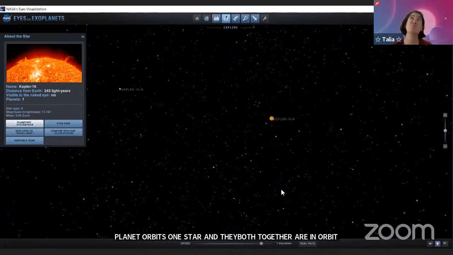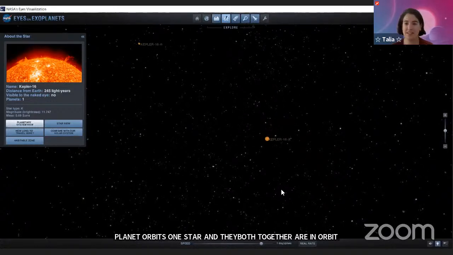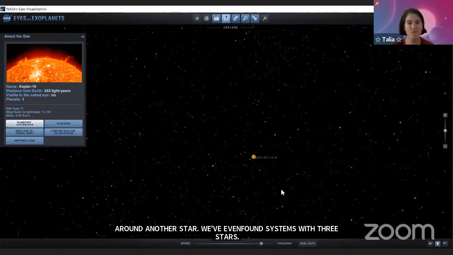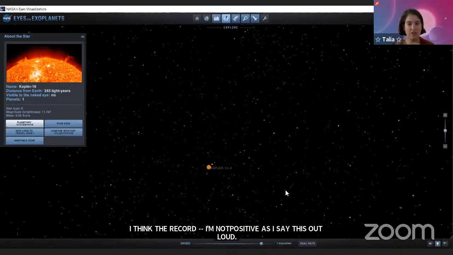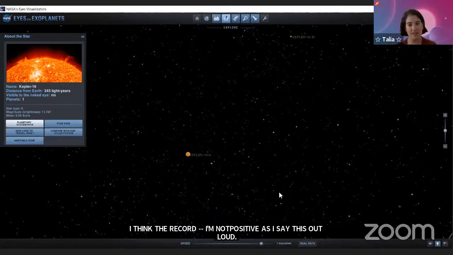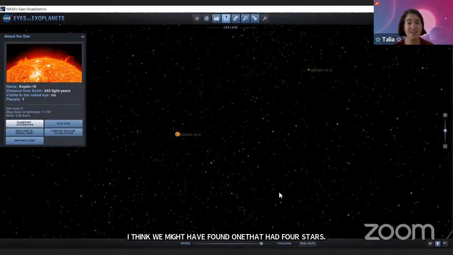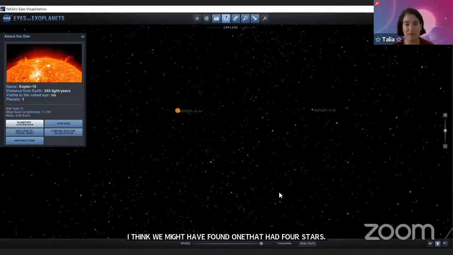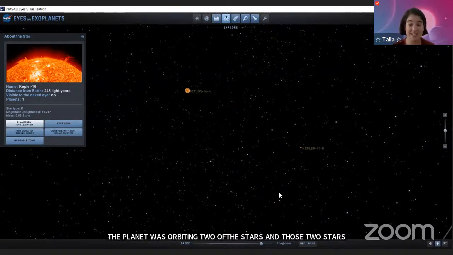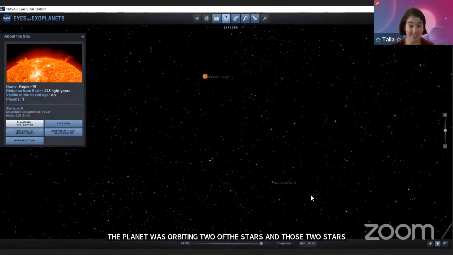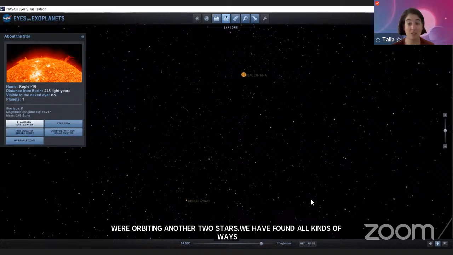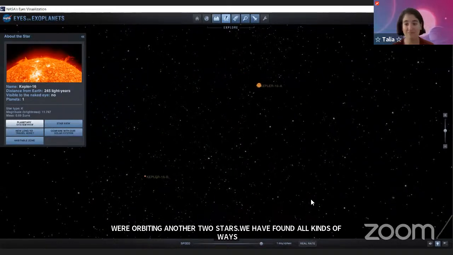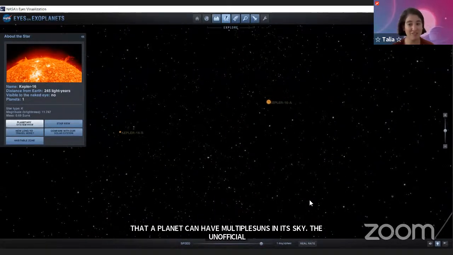I think the record, I'm not positive as I say this out loud, might have been one that had 4 stars. The planet was orbiting 2 of the stars, and then those 2 stars were orbiting another 2 stars. So we've found all kinds of ways that a planet can have multiple suns in its sky. And yes, the unofficial nickname for planets like this is a Tatooine. So your joke was not far off.